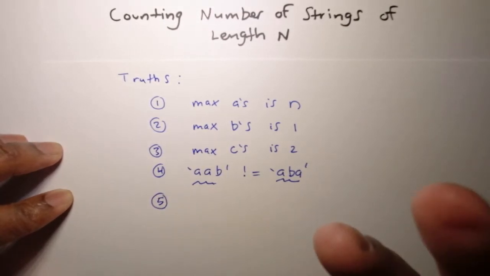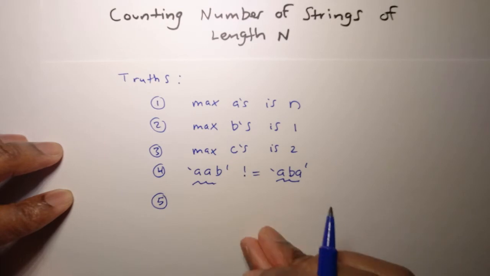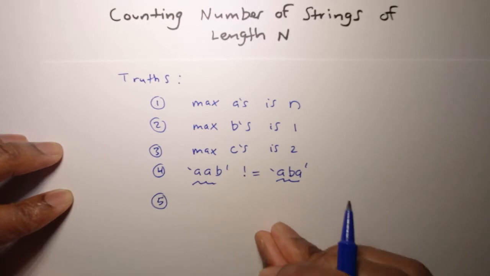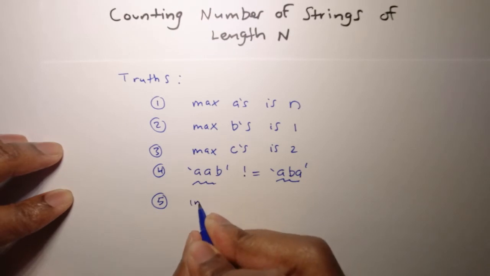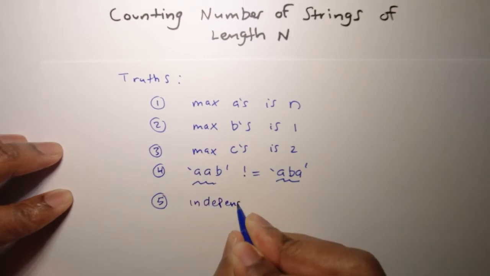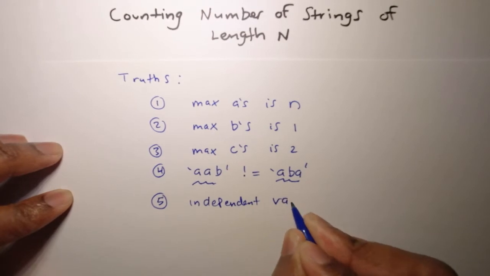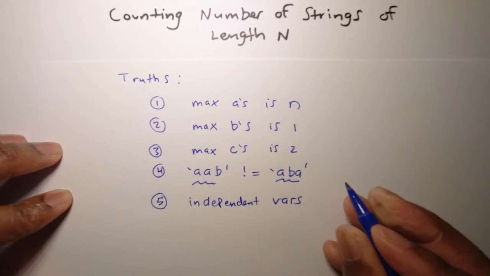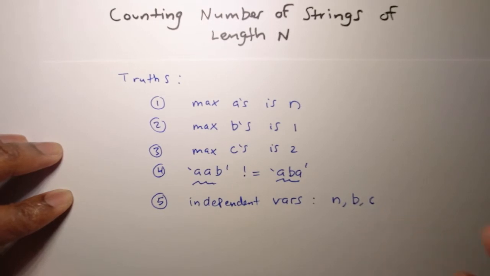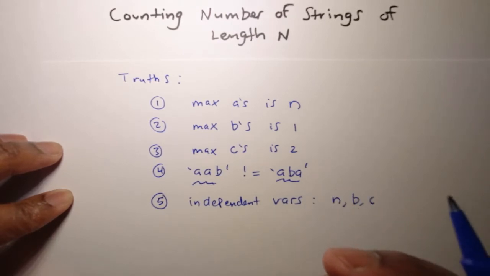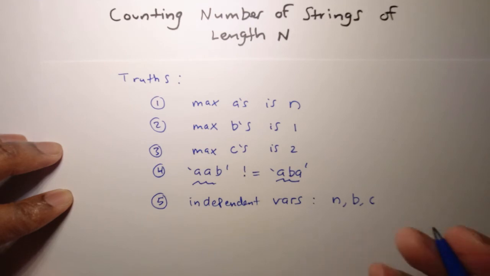Another truth that we know is that the true independent variables here are n, b, and c. This is a really important point because it may appear A is independent, but A really depends on n, b, and c.